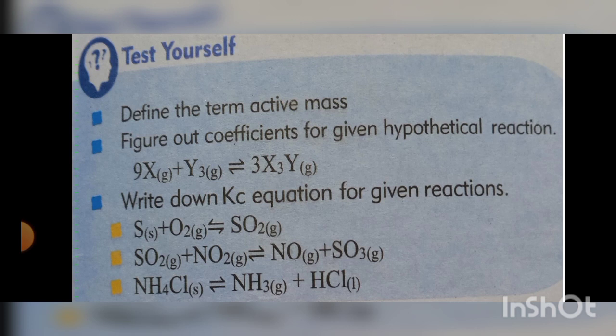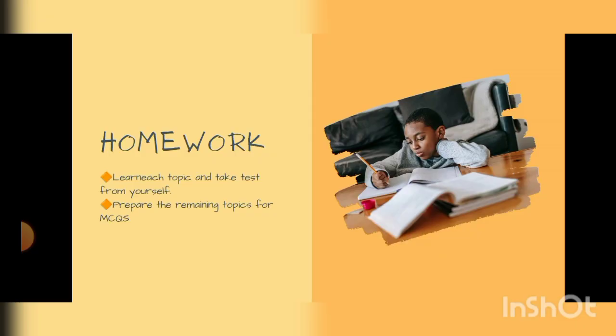First of all you have to write the formula of Kc. You know that Kc is equal to the rate of reverse reaction divided by the rate of forward reaction, and then you will write the rate of forward reaction and rate of reverse reaction, and then you can put in the values.